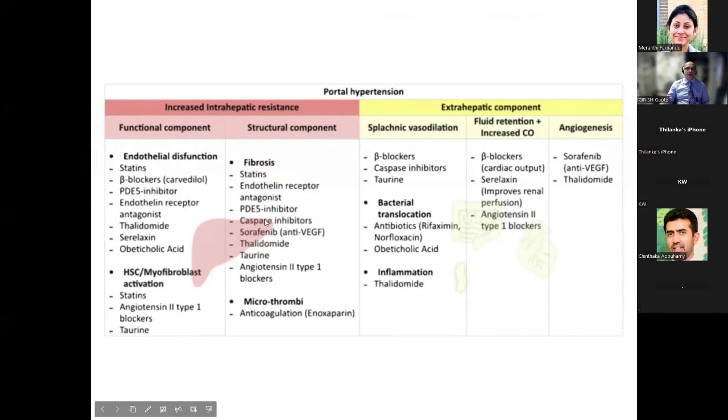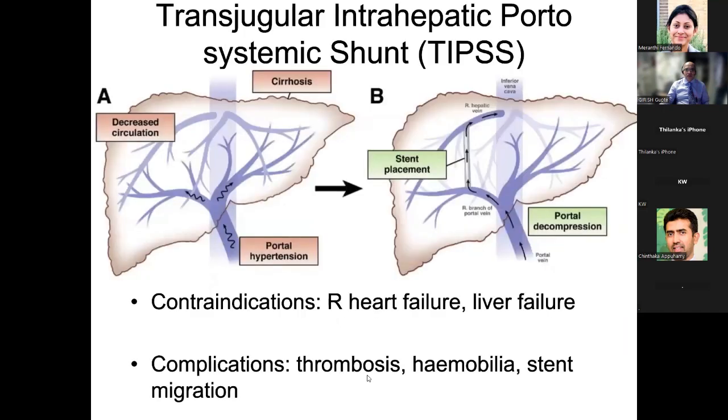And there are other caspase inhibitors coming to market which could be used in the near future. Bacterial translocation plays quite an important role, especially the FXR agonists. And we will have some other beta blockers coming to market soon for use in portal hypertension. So that's the medical aspect of treatment of portal hypertension.